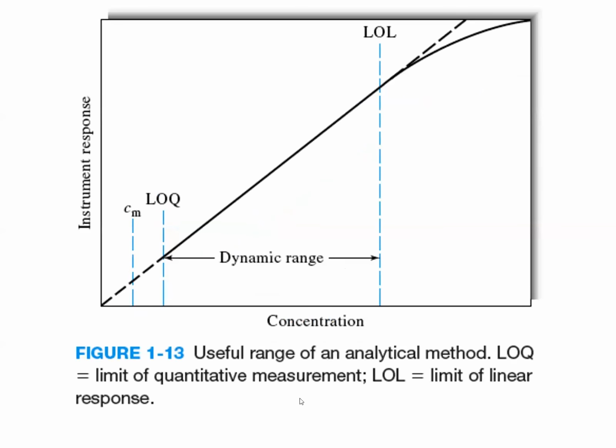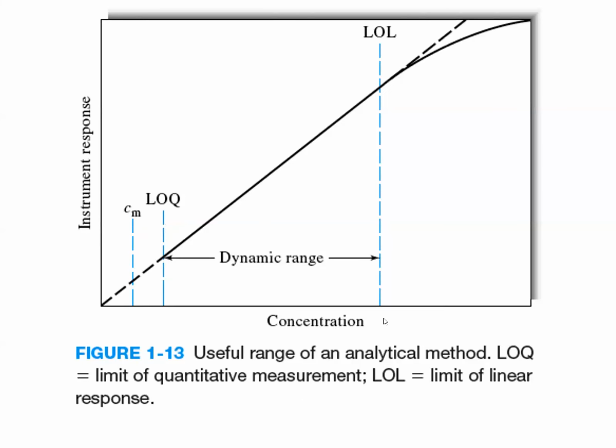Now, the other term that we use is the useful range of an analytical method. In this case, notice this diagram is from a textbook. CM stands for the minimum concentration here. Then you start seeing the LOQ. This is the minimum concentration LOQ, 10 times the limit of detection.